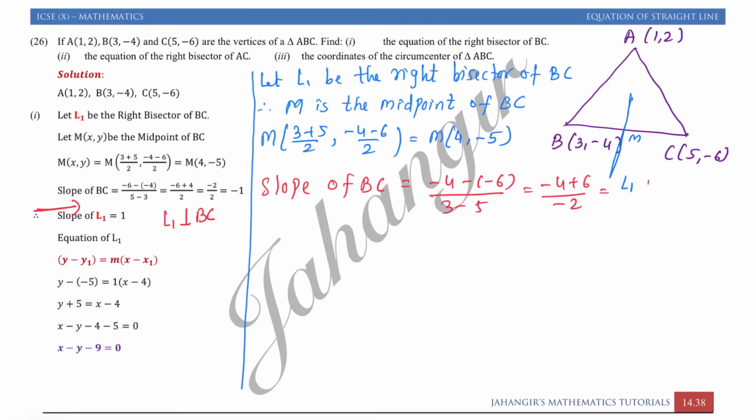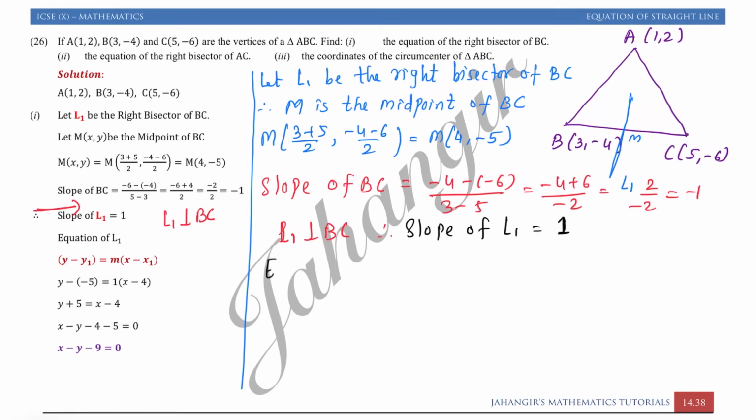So that is equal to 2 by minus 2, which is equal to minus 1. So therefore, since L1 is perpendicular to BC, the slope of L1 is 1, the negative reciprocal of minus 1.